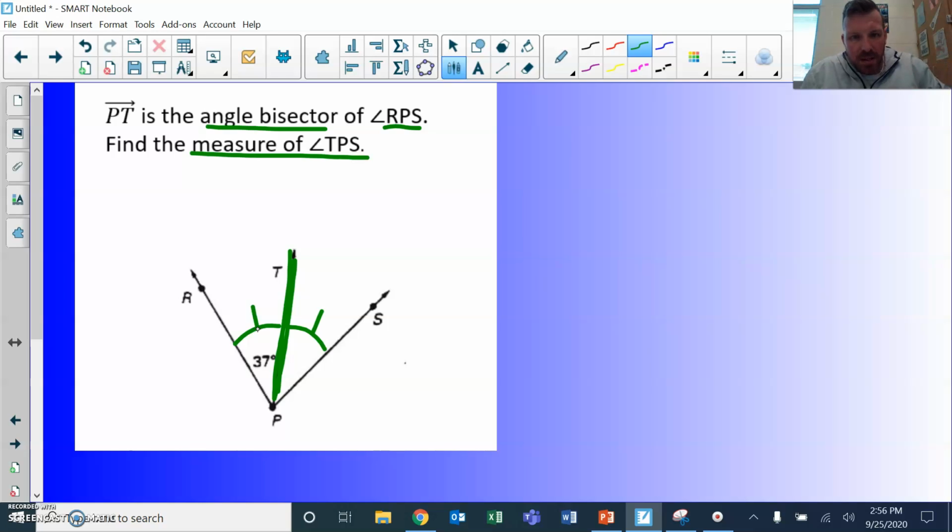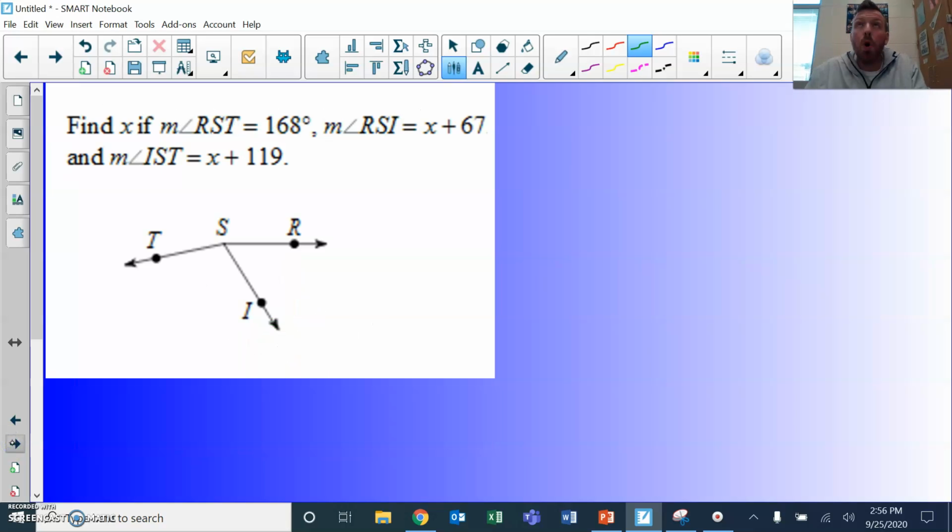That's called bisecting. That means I'm giving you a congruent piece of what I have. So 37 degrees is this one. That means the other one has to be, you guessed it, 37 degrees. So this whole problem is pretty simple. You just have to piece it together. 37 is that piece. Let's keep going.